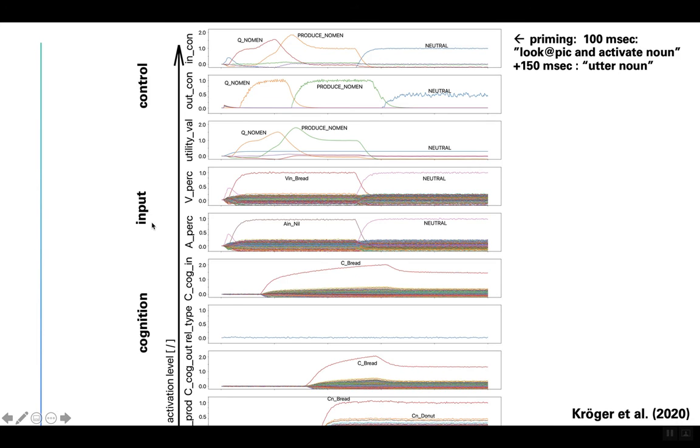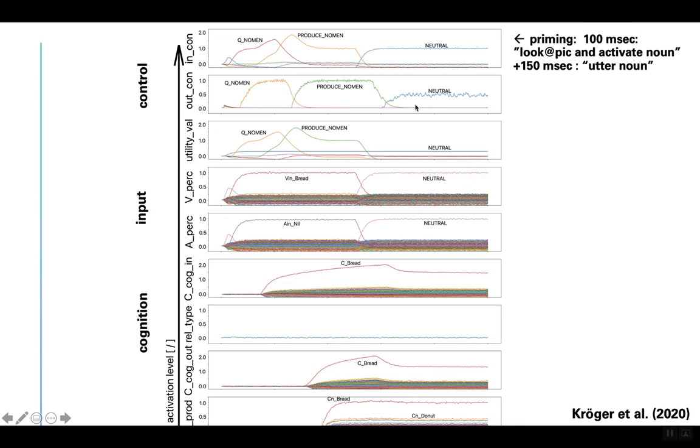So we go back to the visualization of the activation of all of the buffers for this task. So first of all, in the control part, we have the priming. Because the task is well known for the test subject, the test subject is already primed.